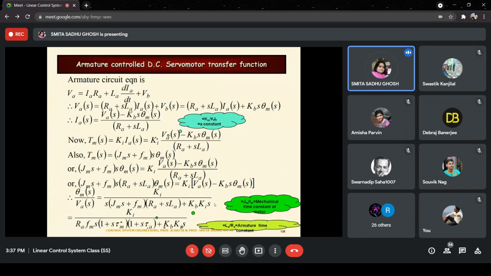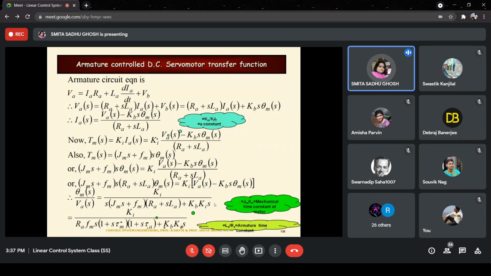Is it the constant term, the first order term or the second order term? Because in the denominator you have, say, S square plus 2 zeta omega n s plus omega n square. That was the standard denominator in the second order transfer function. So which order term is specifically responsible for the damping? First order term, right? So the coefficient of the term containing S is responsible for the damping.